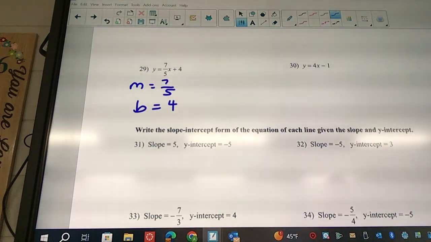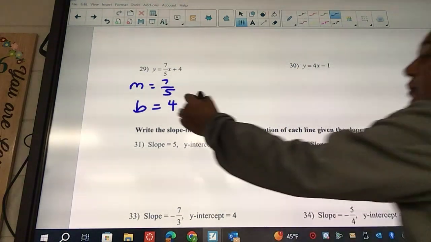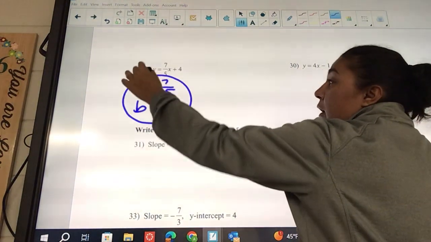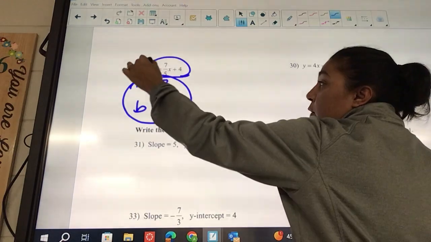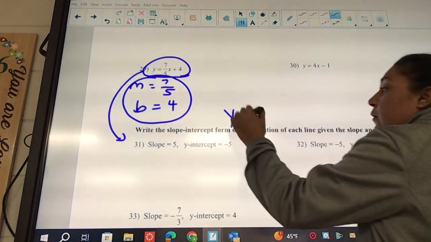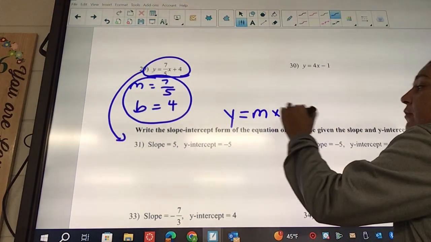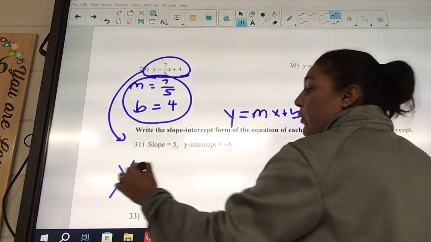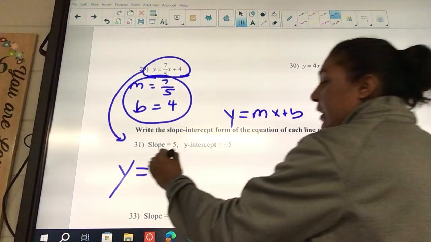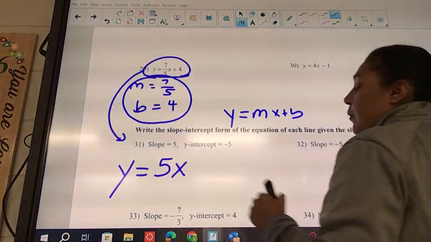These ones are the exact same, except this time, before, we had to pick it out of the equation. On these ones, we're gonna write the equation, so it's just total opposite. It's gonna look like y equals mx plus b, right? So we're gonna say y equals, what is my m? 5x, minus 5.